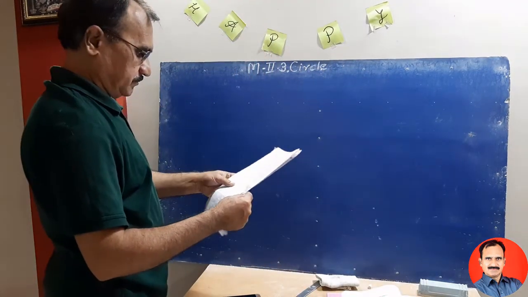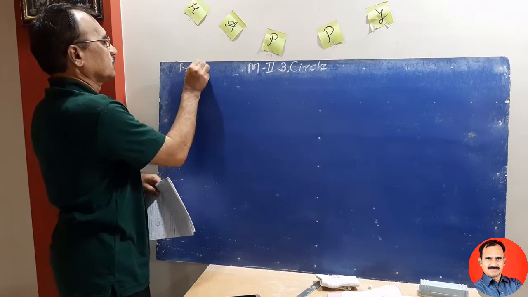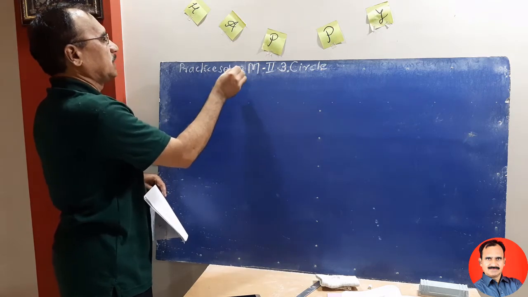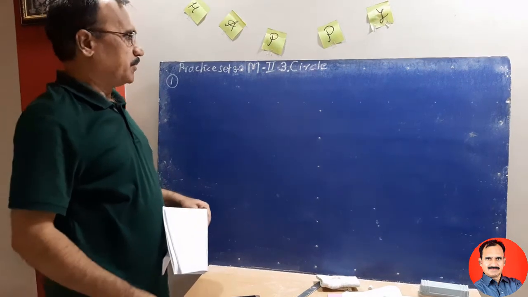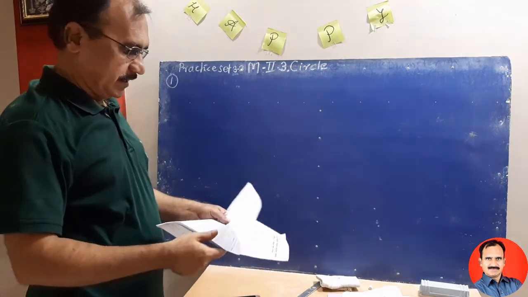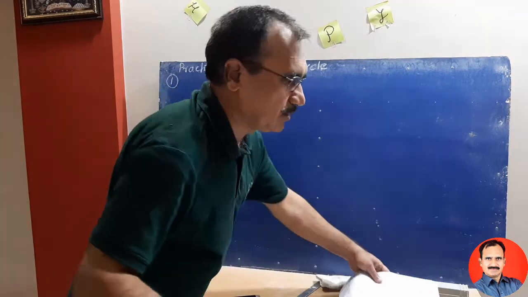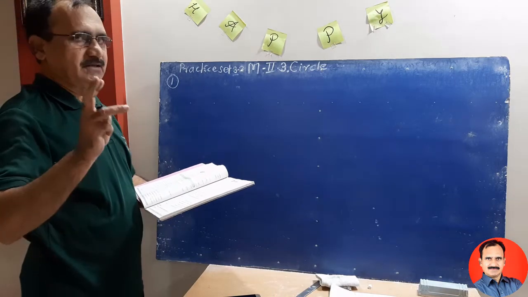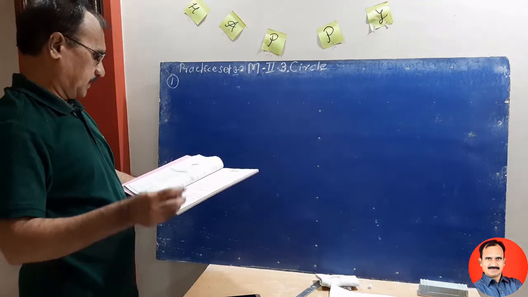Then there is practice set 3.2, based on externally and internally touching circles. There are only 5 examples. We are going to see only 3 examples. The remaining 2 examples, try to solve yourself.